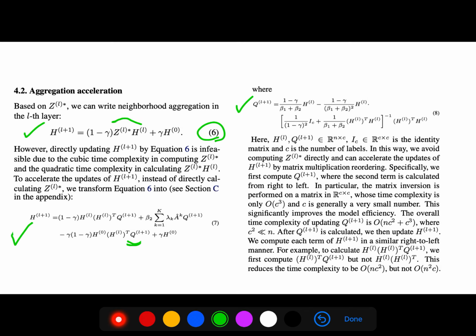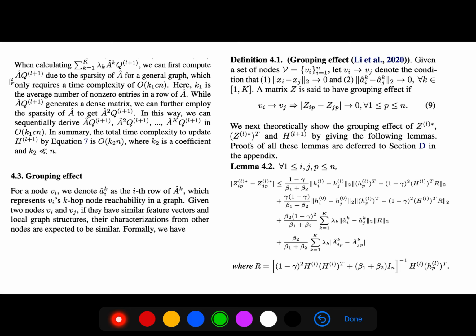We first compute Q, where the second term is calculated from right to left. The matrix inversion is performed on a matrix in R^(C by C). For a node v_i, we denote a as the i-th row, and so we have this grouping effect.